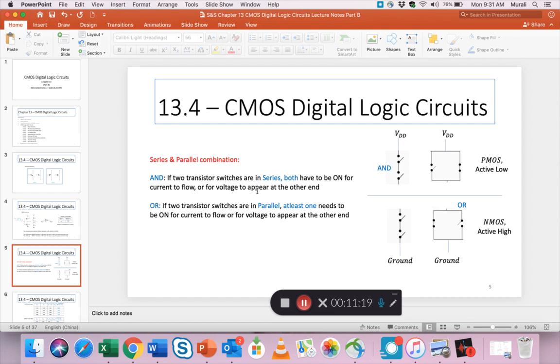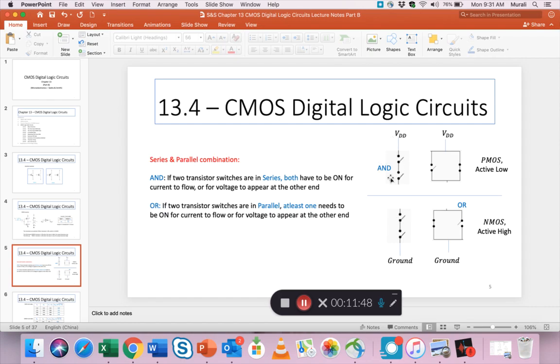If two transistor switches are in series, both have to be on for current to flow, right? So let's say we have two transistor switches. These are actually PMOS transistor switches, active low. When the input is low, these turn on. So for VDD to come through this network and come out here at the bottom, they both have to be on, so that both A and B, use the word AND.